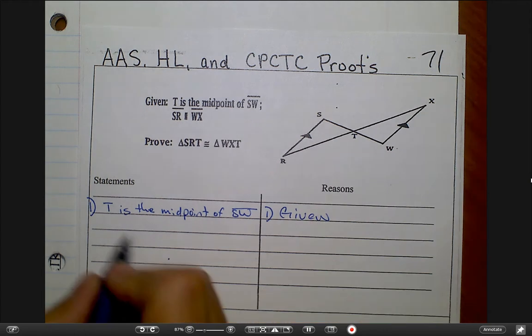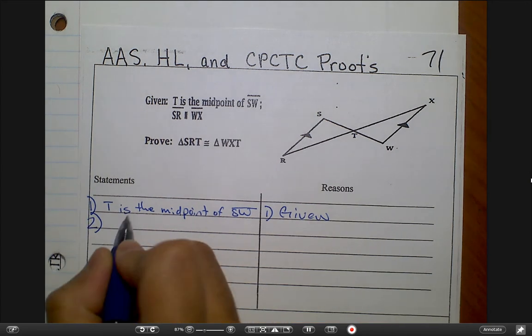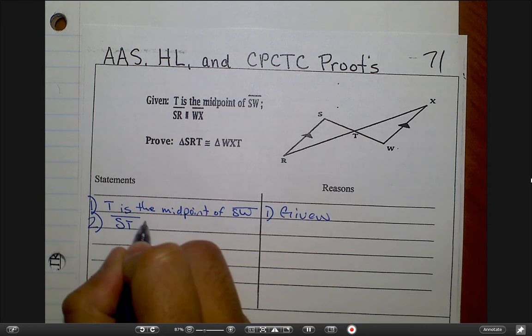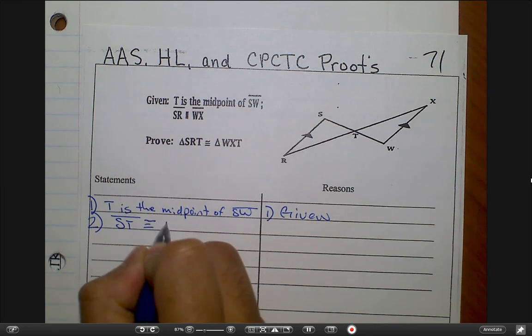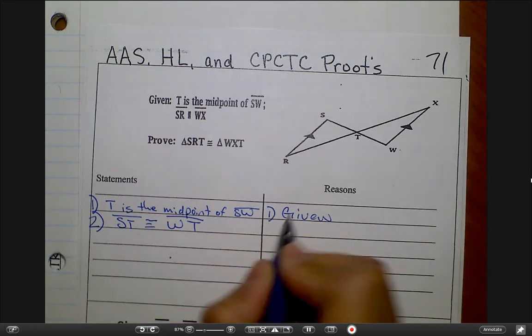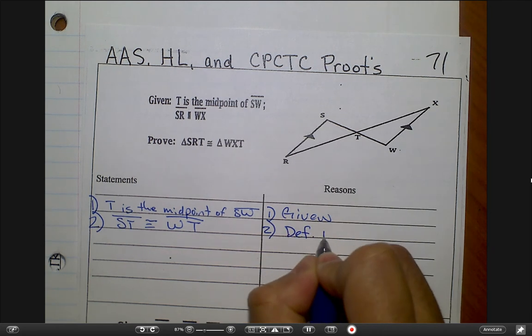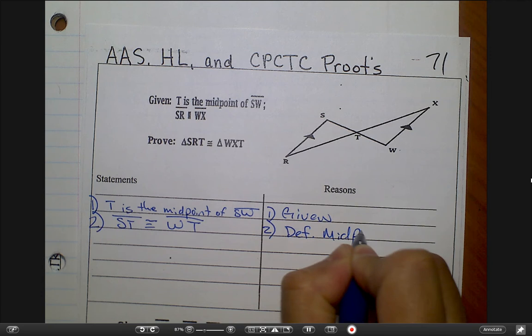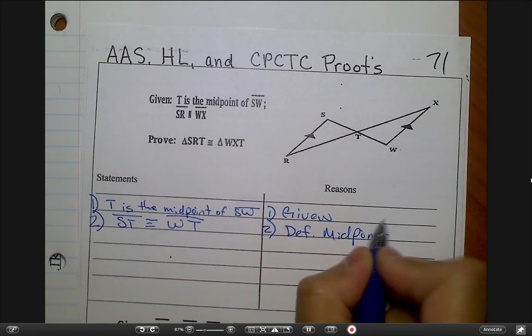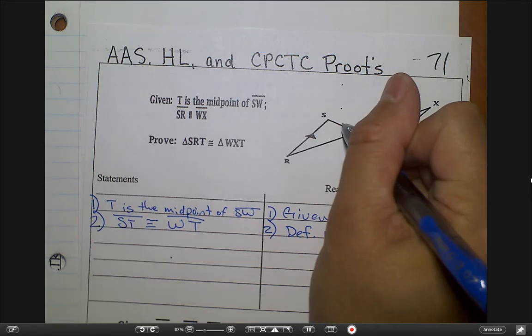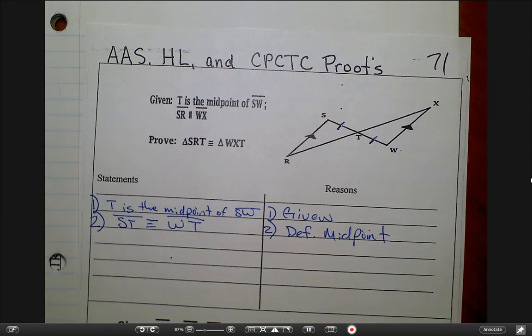So for 2, it's going to be ST congruent to WT. Reason: definition of midpoint. So now, what am I going to do to my picture? Tick marks. Thank you very much. Tick marks right here, so I know what we're dealing with.